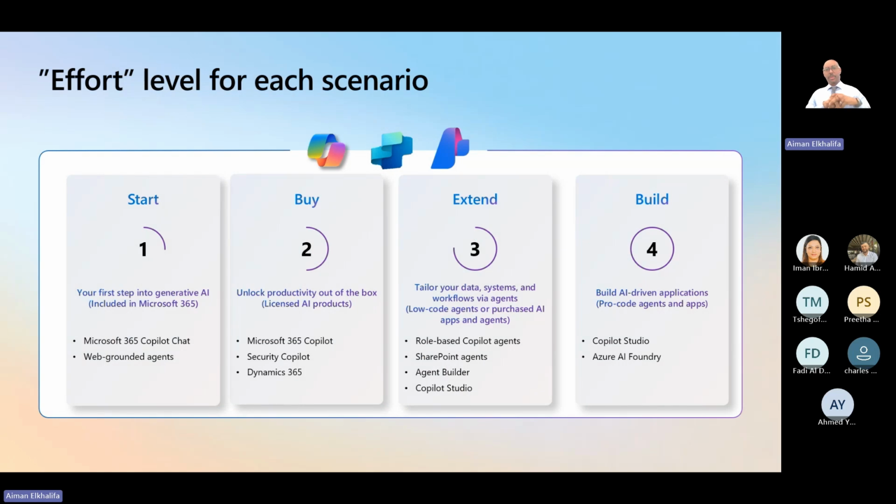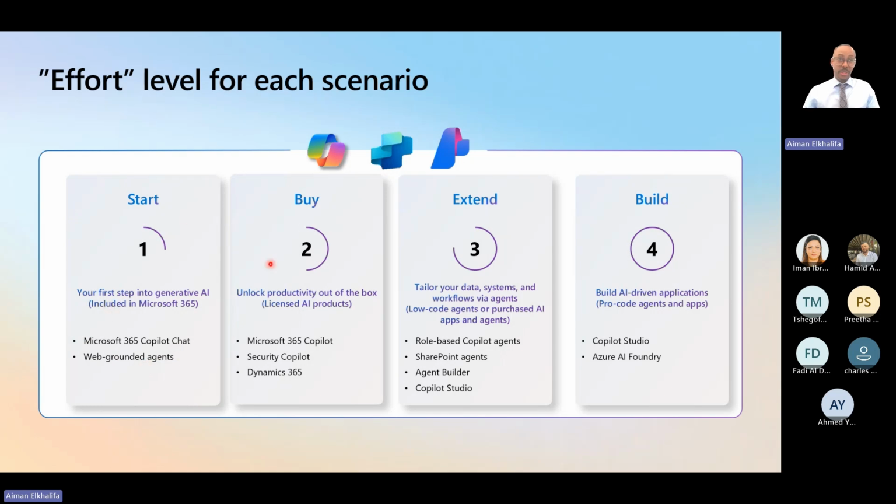We will go through this value journey by the scenarios that we will discuss today. And those scenarios have effort levels that you see on the slide. So if a scenario is on effort level 1, that means you can achieve that scenario using Microsoft 365 Copilot Chat, which is a web-grounded Copilot, or you can use a web-grounded agent to achieve the same scenario.